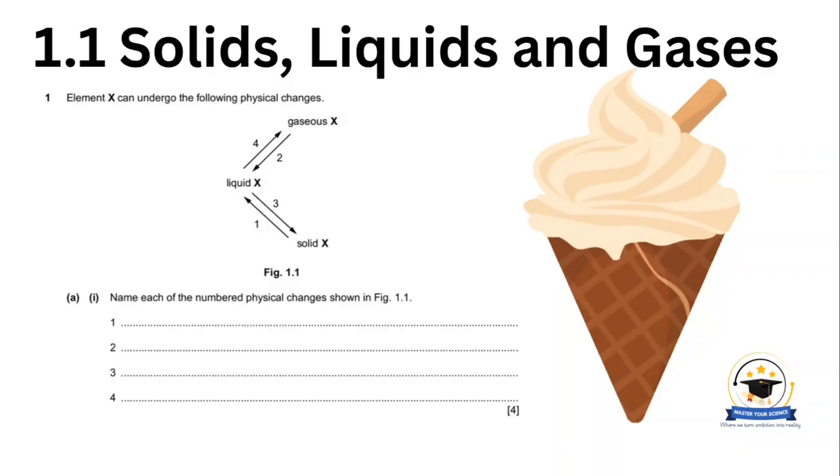This question, also taken from the specimen paper, says, element X can undergo the following physical changes. Part A says, name each of the numbered physical changes shown in figure 1.1. Number 1 shows the change of state from solid to liquid. This is melting.